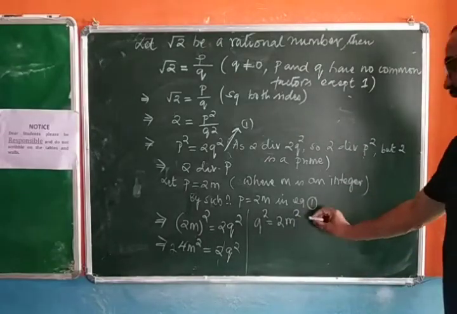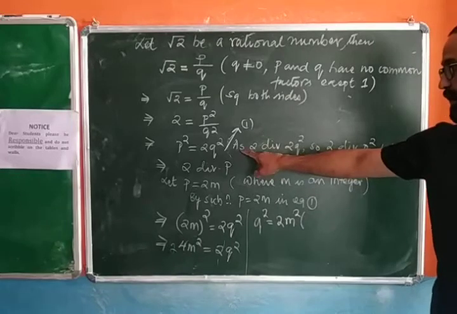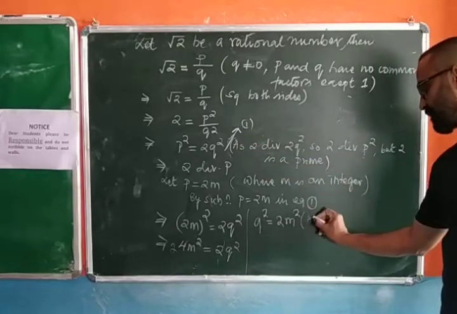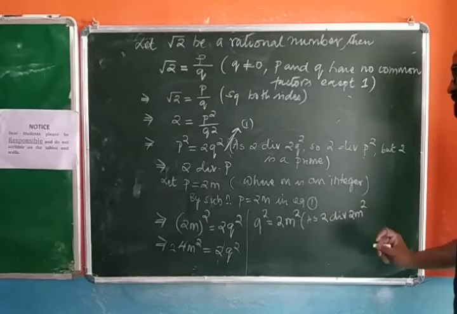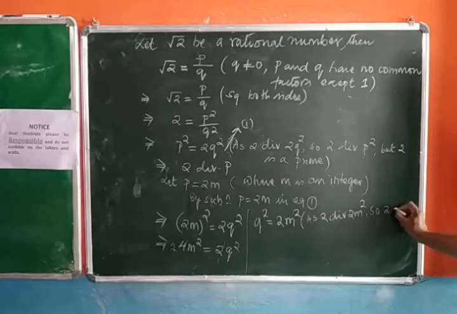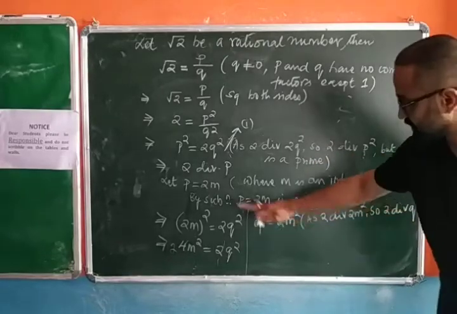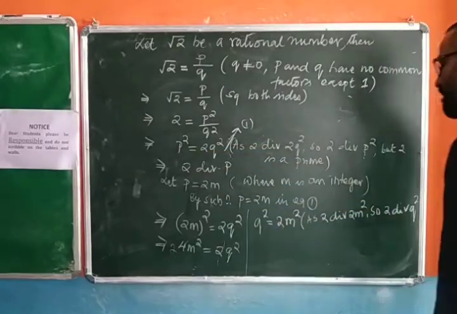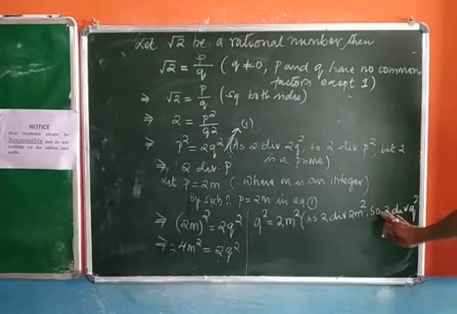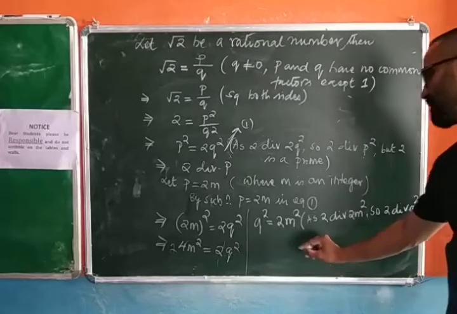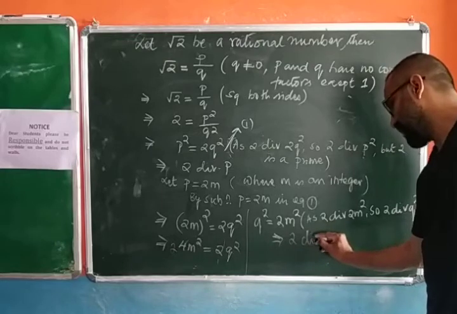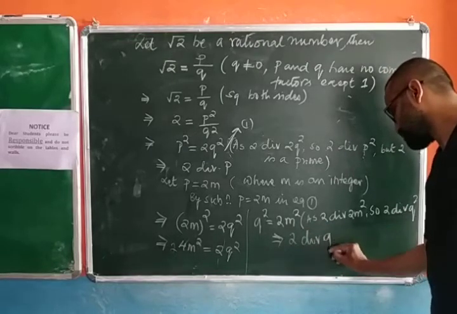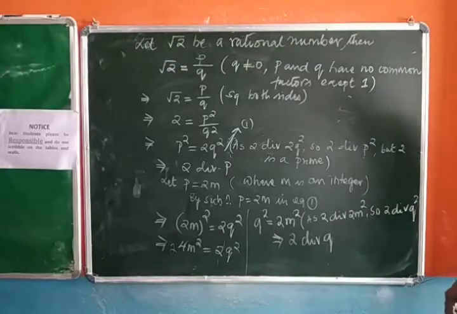Once you reach this step, you have to write the same thing: 2 divides 2n squared, so 2 divides q squared. Same statement, because it is similar to equation number 1. As 2 divides 2n squared, 2 divides q squared. Therefore 2 divides q.